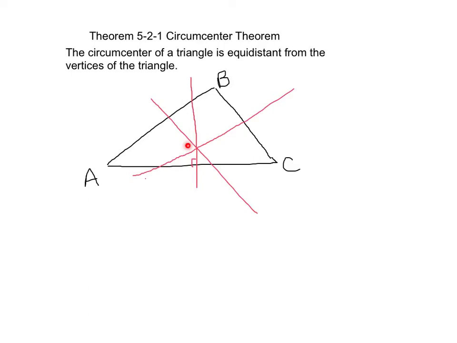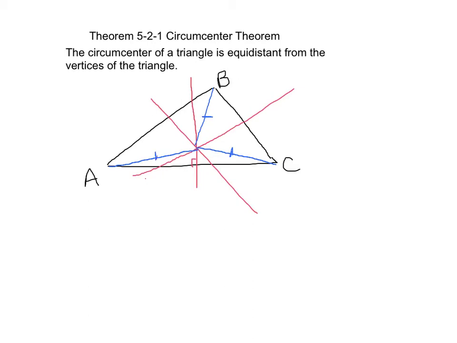Now what our theorem says is that the distance from the circumcenter to all of the vertices will be congruent. So I can go from our circumcenter to point C, and then to point A, and to point B as well, which appears to be right there.